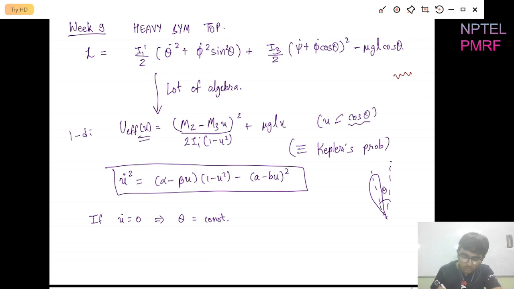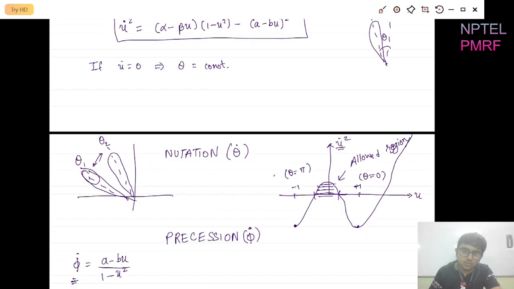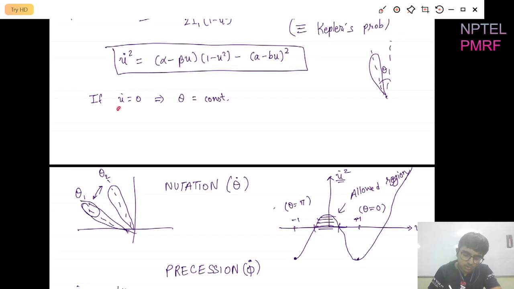So first thing we notice is if u dot is equal to 0, then theta dot is also 0, which means theta is constant. So in that case, theta won't change, and the top will undergo this precession motion without any change in theta. But if u dot is not equal to 0, then theta will change, and it will go from some range theta 1 to theta 2.